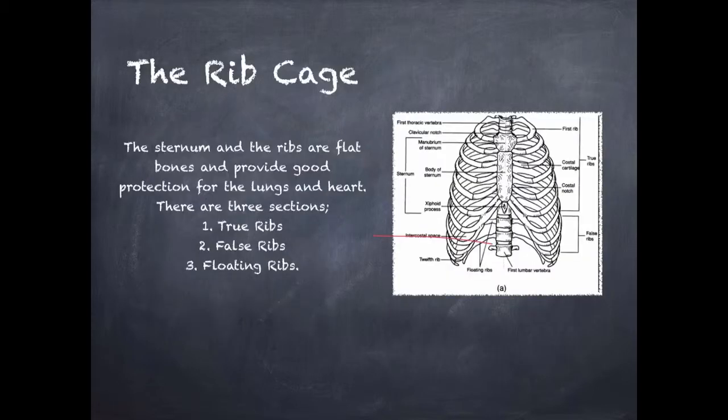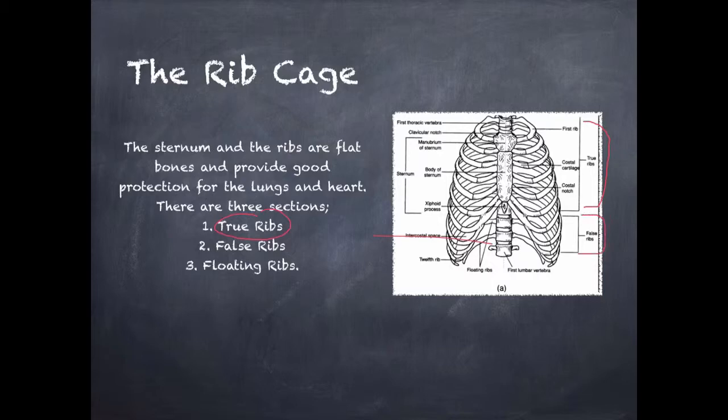The rib cage offers really good protection to your lungs, and it's divided into 3 sections: true ribs, which you can see here, your false ribs, which are here.